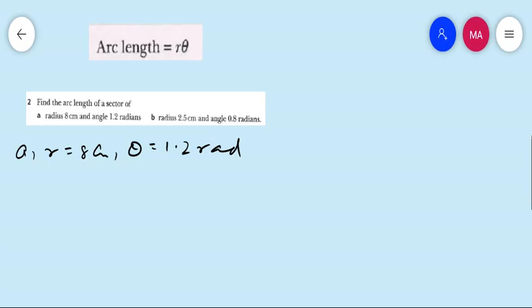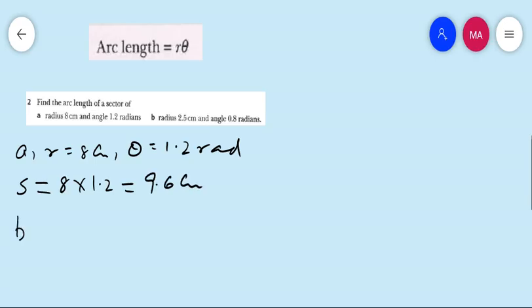In question number 1, the requirement was to give the answer in terms of pi. Here there is no requirement, so we just use the formula s equals r theta. r is 8, theta is 1.2, and if you multiply 8 into 1.2, you will get 9.6 centimeter.